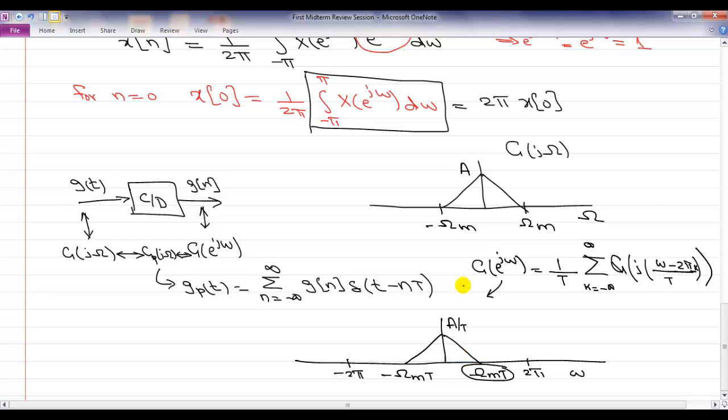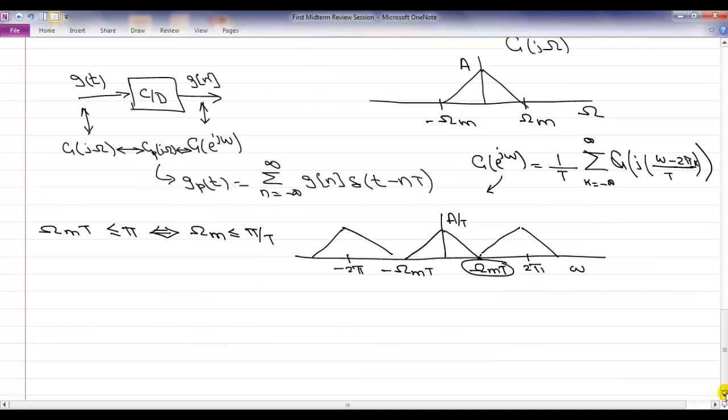Because omega m T is less than or equal to pi if and only if omega m is less than or equal to pi by T, which is the Nyquist criterion. So let's assume that you did satisfy the Nyquist criterion, then you would get this picture. So this is the relationship of going from continuous to discrete time.